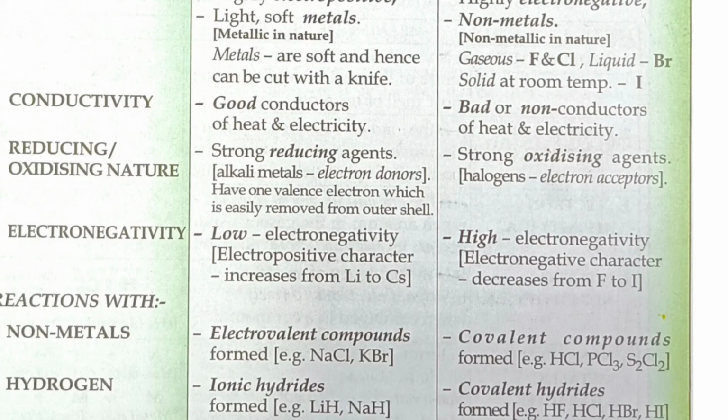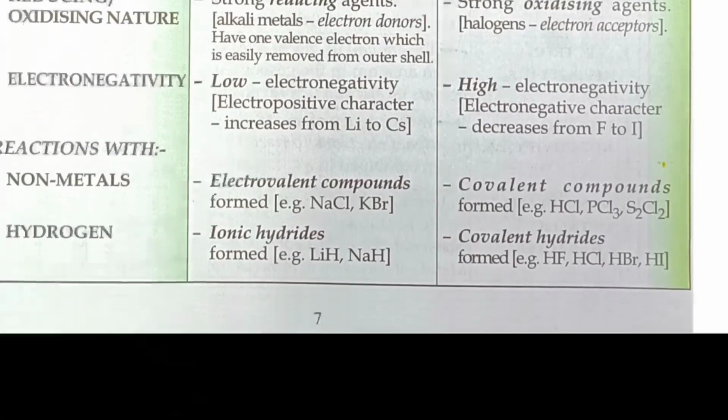We can say electropositivity increases or electronegativity decreases from top to bottom for both. In alkali metals, electropositivity increases and electronegativity decreases from lithium to cesium, and the same for halogens: electropositivity increases and electronegativity decreases from fluorine to iodine.